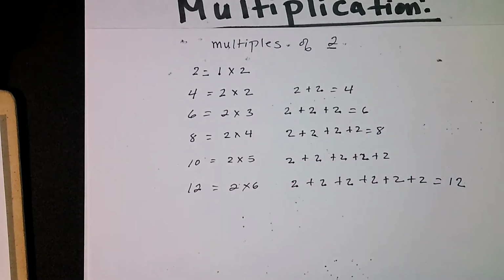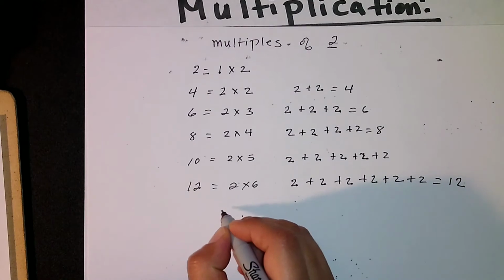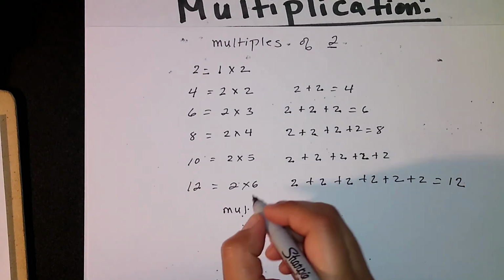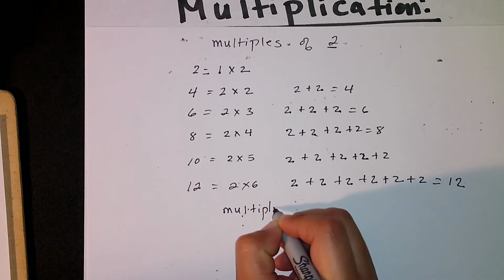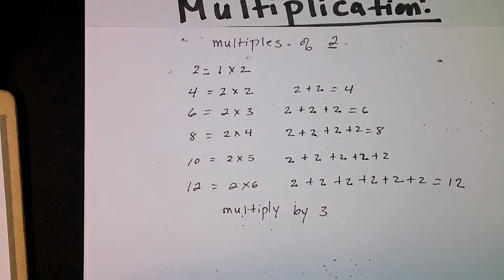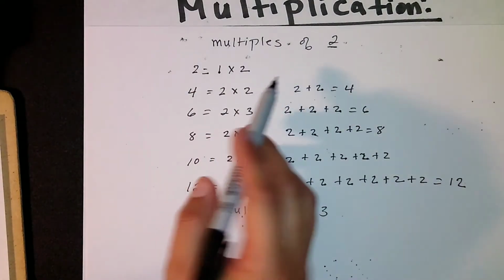Let's do 3, right? Multiply by 3, right? Same thing as 1 times 2.